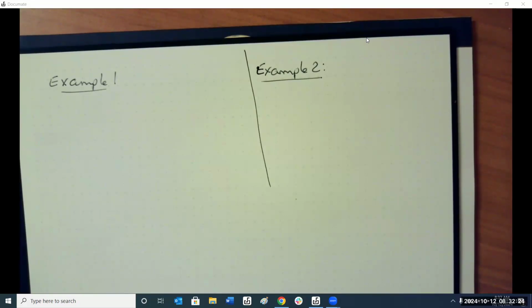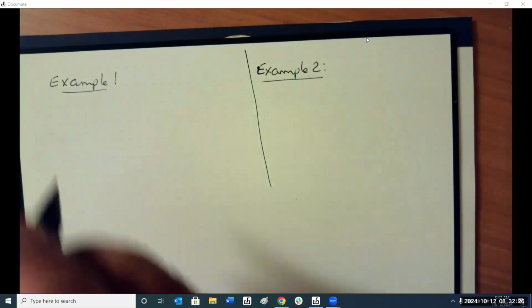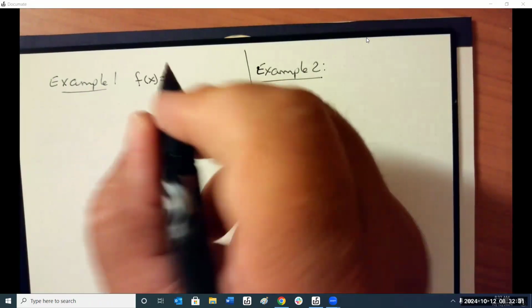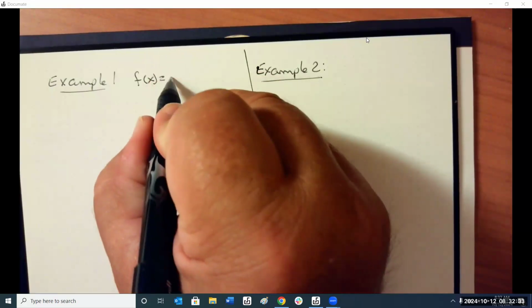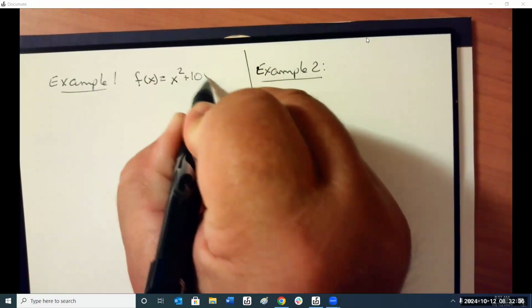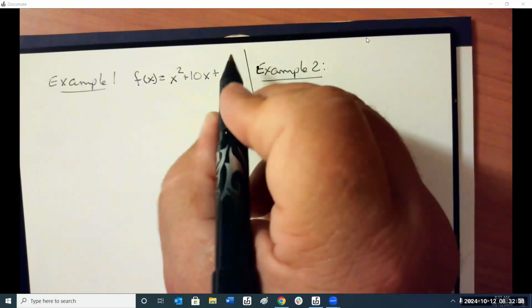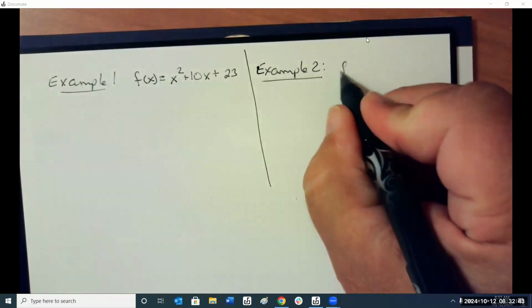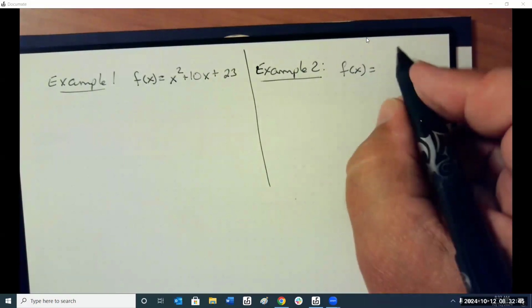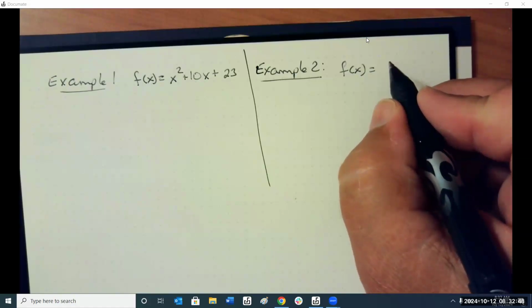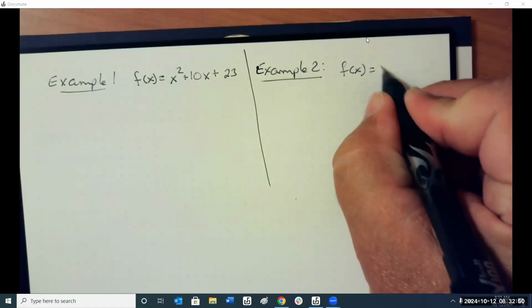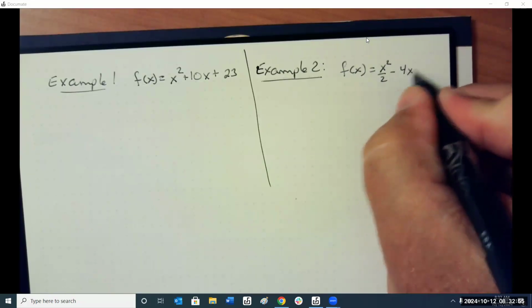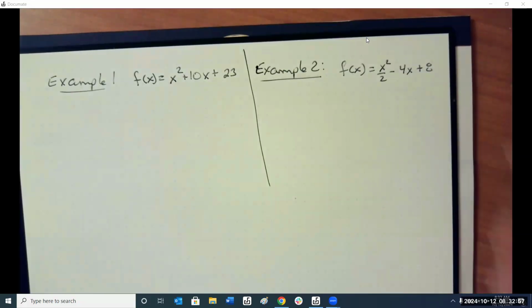So in example 1, our function was x squared plus 10x plus 23. And this one was x squared over 2 minus 4x plus 8.